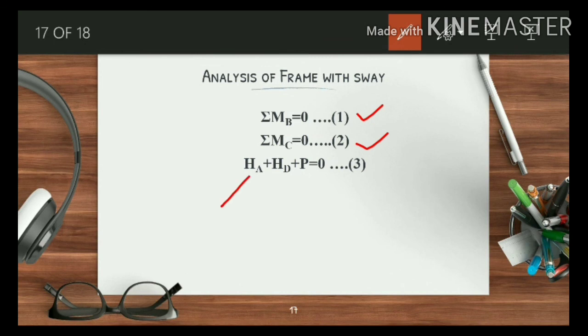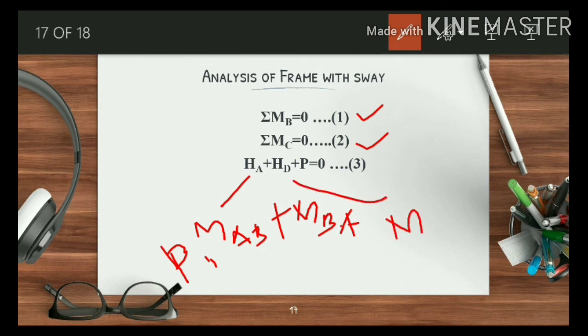HA is written in terms of moments MAB plus MBA and P. If there is any horizontal load acting on the column AB, that is also included. Similarly, HD is in terms of MCD and MDC, and if there is any horizontal load acting along the member CD, that load will also be there.